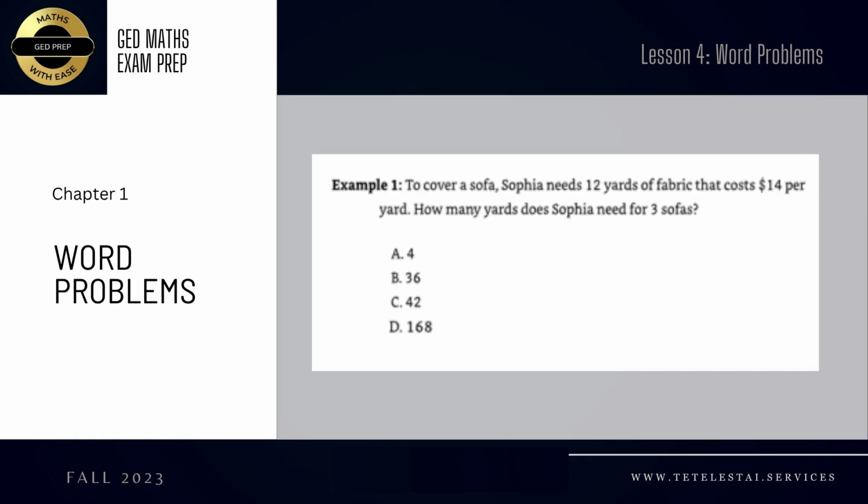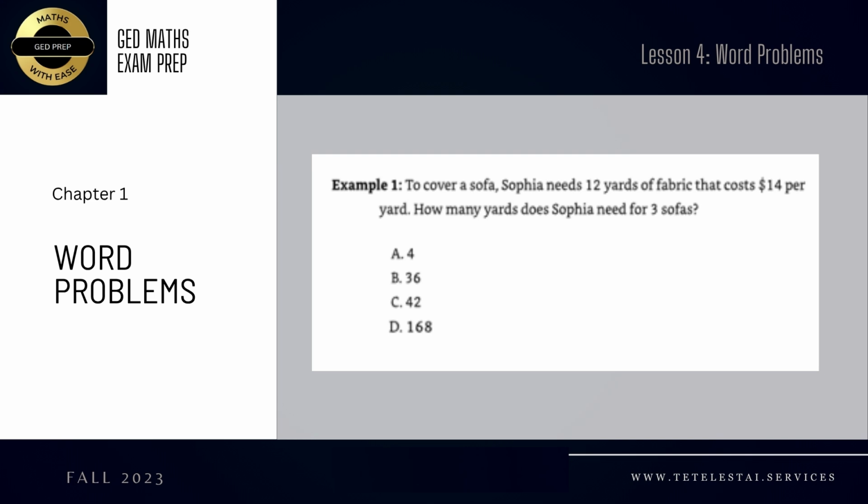So in this example, to cover a sofa, they're telling us that Sophie needs 12 yards of fabric that costs $14 per yard. And they want you to find how many yards, Sophia, not Sophie, sorry, they want you to find how many yards Sophia needs for 3 sofas.